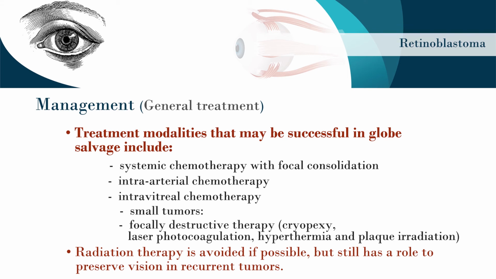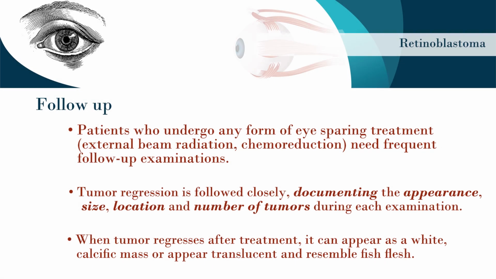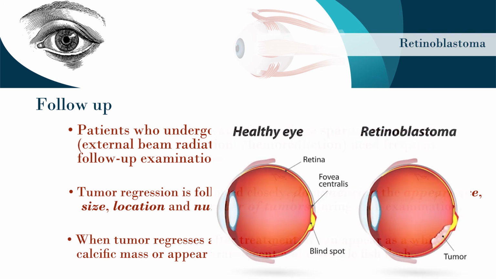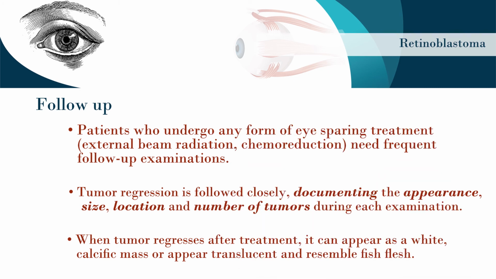Radiation therapy is avoided if possible, but still has a role in preserving vision in recurrent tumors. In follow-up, patients who have undergone any form of eye-sparing treatment like external beam radiation or chemoreduction need frequent follow-up examination. Tumor regression is followed closely, with documentation of the appearance, size, location, and number of tumors during each examination.